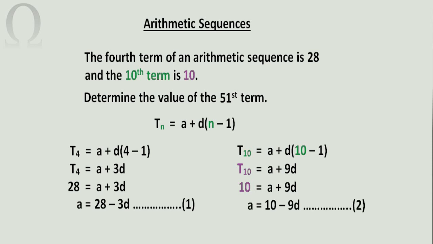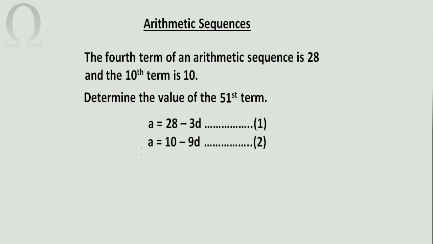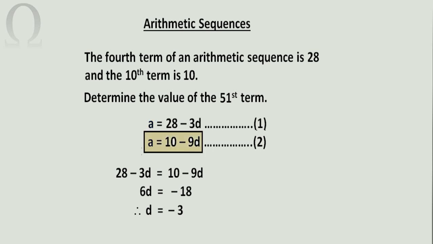We now have simultaneous equations involving the variables a and d. Thus, 28 minus 3d equals 10 minus 9d. Solving for d, we get d equals minus 3. Substituting this value for d into either of the two equations gives us a equals 37.